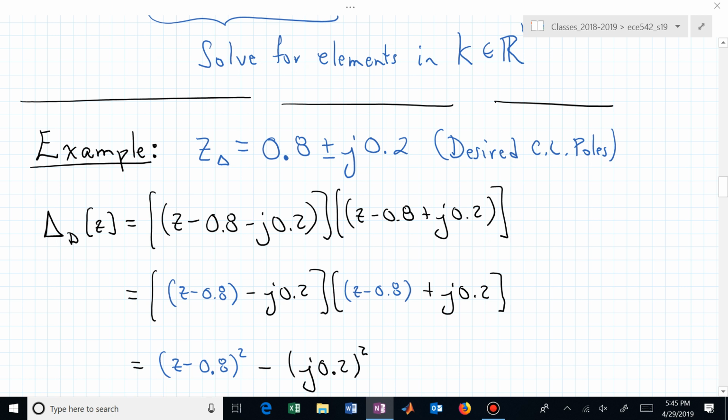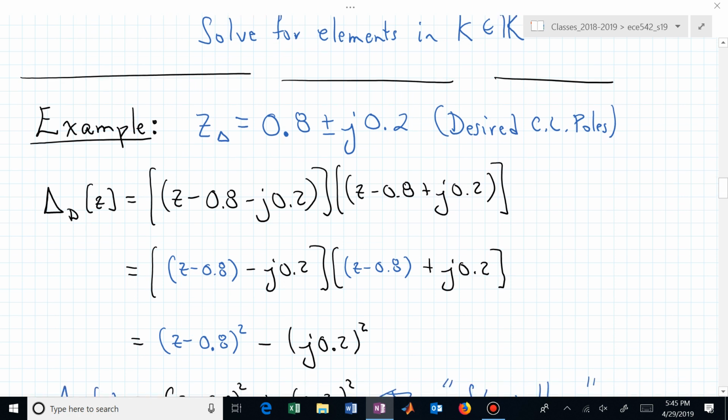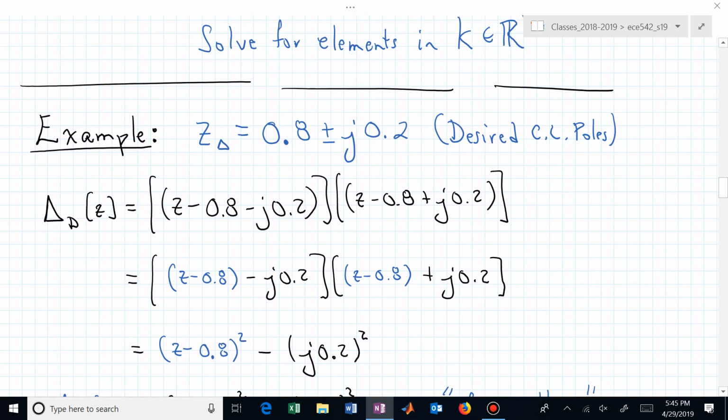And if you now multiply those two factors together, and here you might want to pay attention to the black and the blue, the blue is one of the terms in each factor, and the black is the other, the cross products cancel because these are conjugate pole pairs.